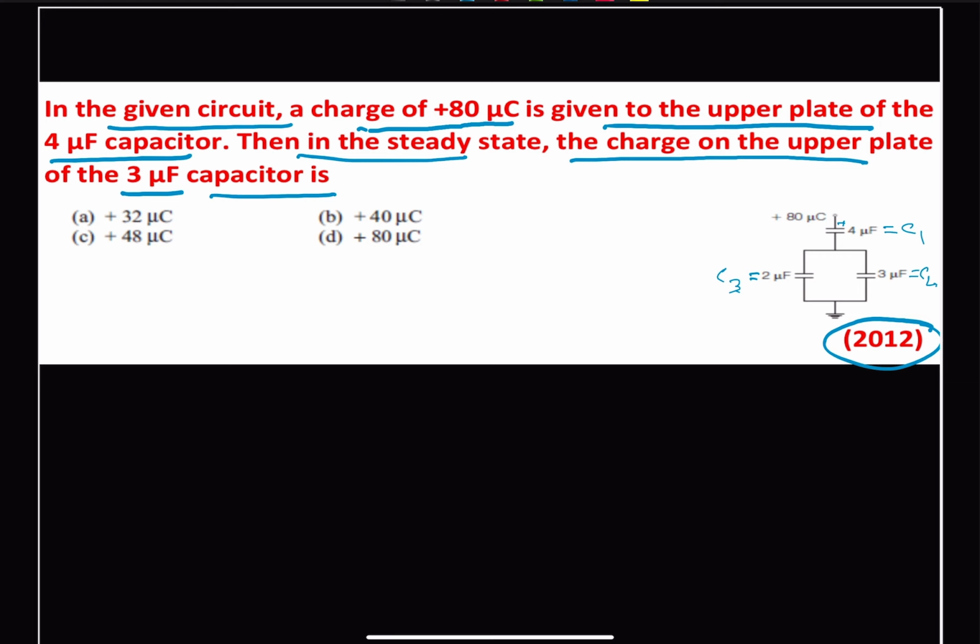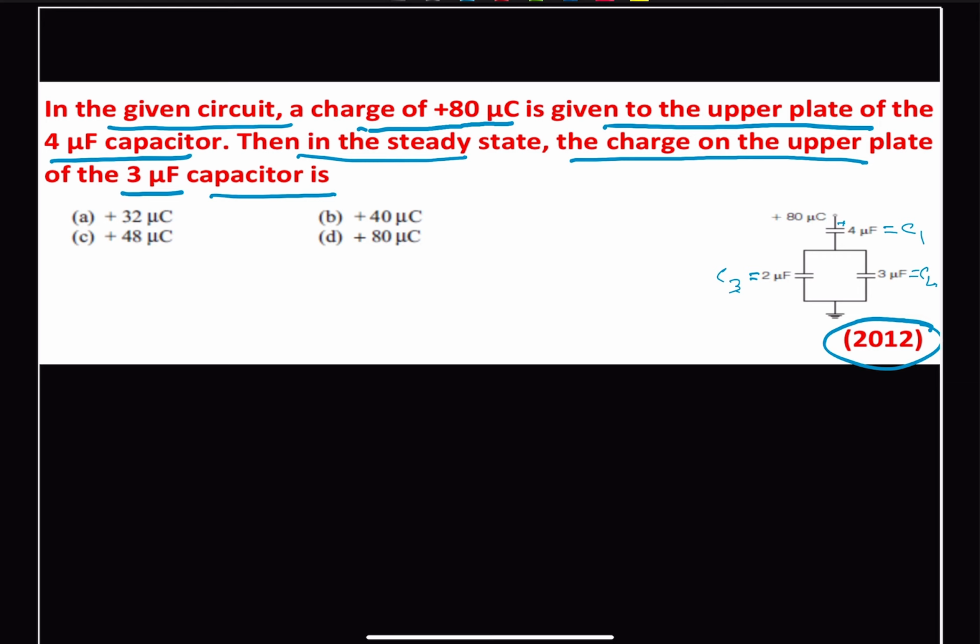We have to remember that in case of capacitors, one part is very important, that is conservation of charge. Total charge in a closed system, if there is no addition or subtraction, is always conserved.